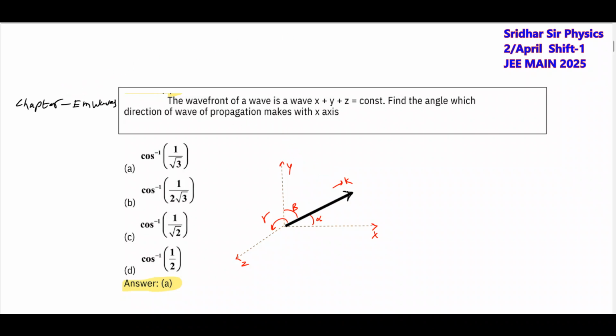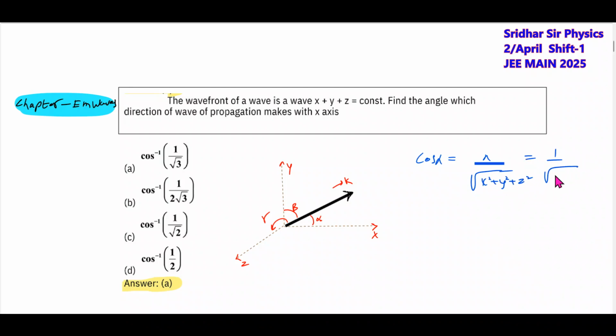There's a topic based on the EM waves. It's telling that the wave is moving in a space where the wavefront of a wave is x plus y plus z equal to constant. Find the angle which direction of wave makes with x axis. It's asking alpha. So we know the direction cosine. What is the direction cosine? Will be x by root of x square plus y square plus z square.